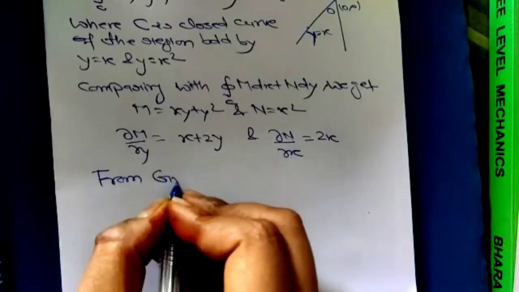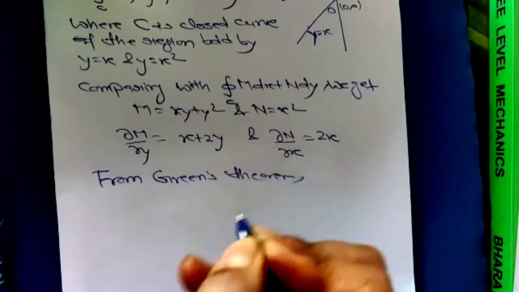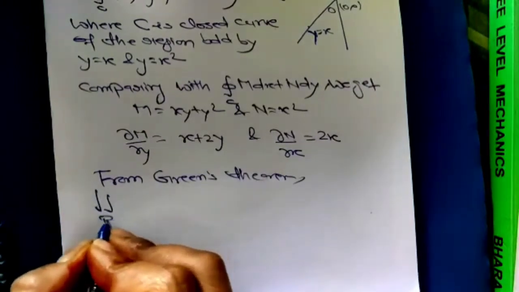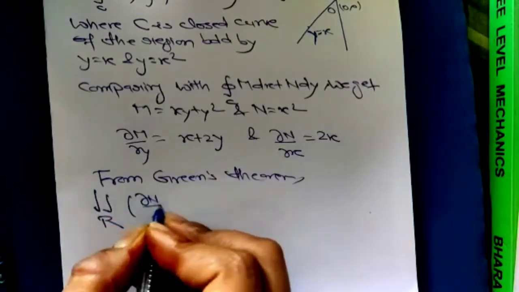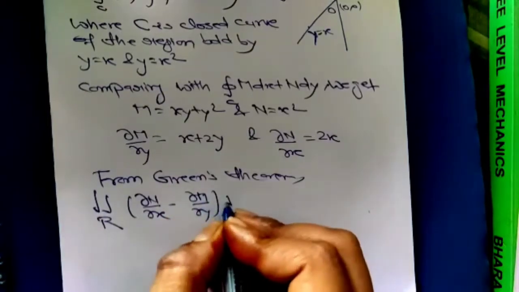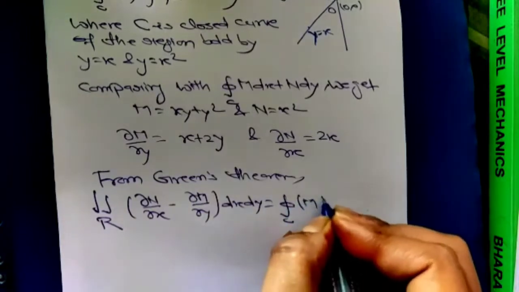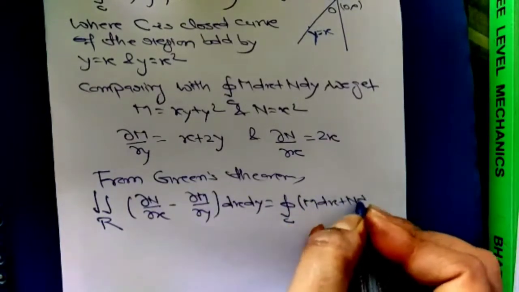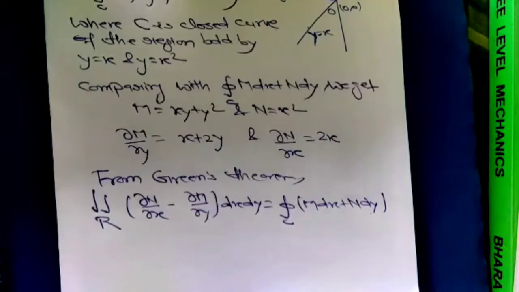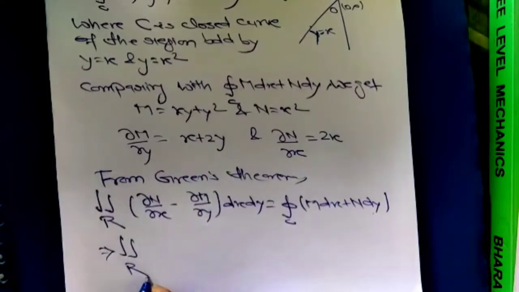From Green's theorem we know what? Surface integral over R of del N upon del x minus del M upon del y dx dy equals the line integral M dx plus N dy. This is the formula. We are going to put the values here.